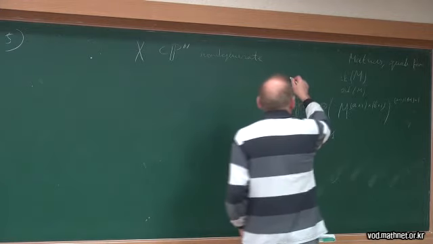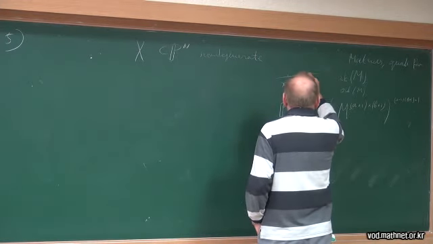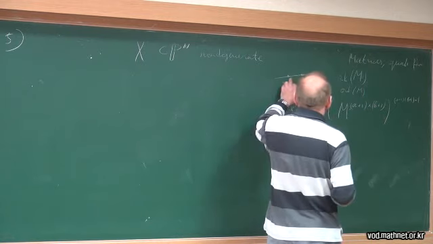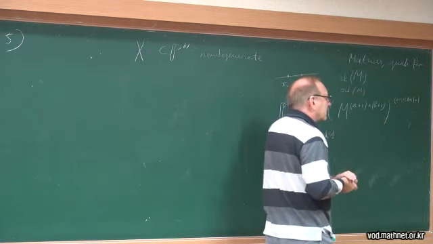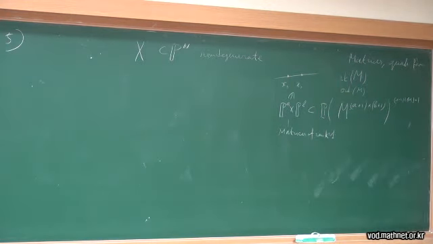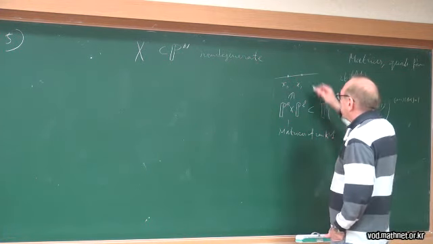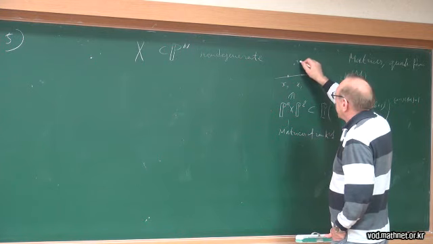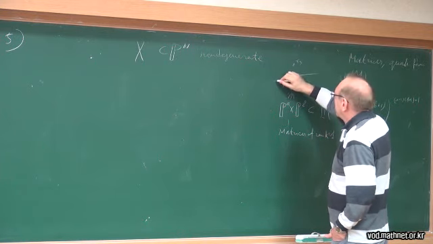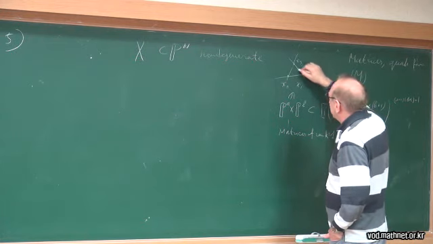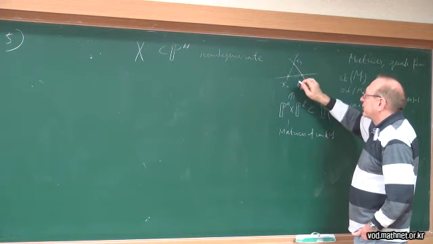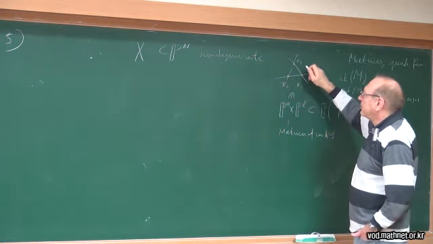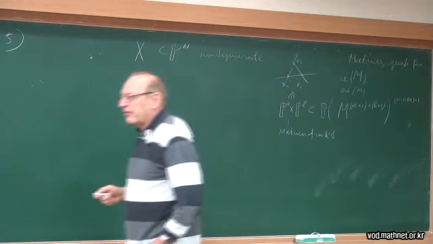So we have 2 points here, we join them by a line, and these two matrices have rank 1, and the other points of this line correspond to matrices of rank 2. And we can proceed further. We can take 3 matrices of rank 1, consider the plane that they span, and then these 3 lines will consist of matrices of rank at most 2, and the other matrices in this plane will have rank 3.